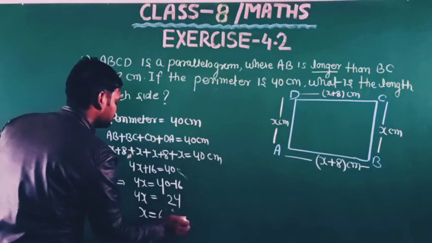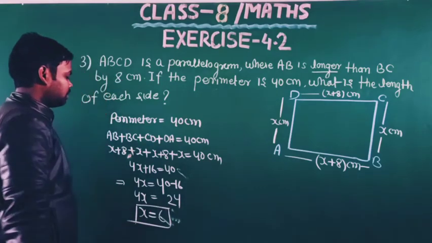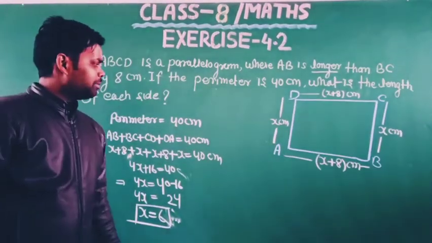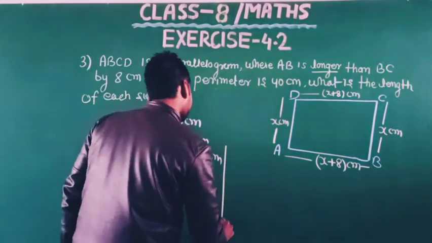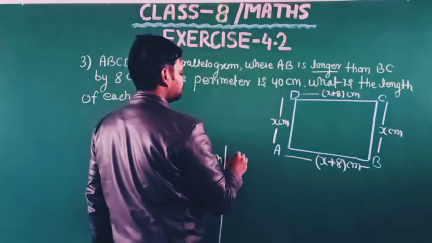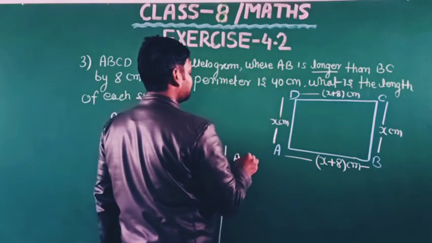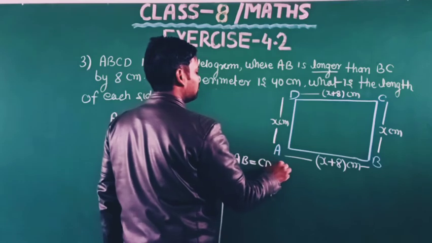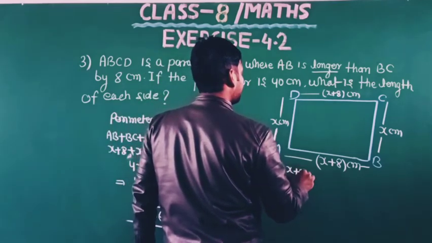x equal to 6. The value of x is 6 centimeter. So therefore, the sides of the parallelogram are AB equal to CD equal to x plus 8.